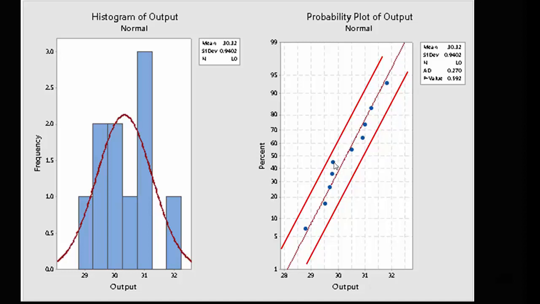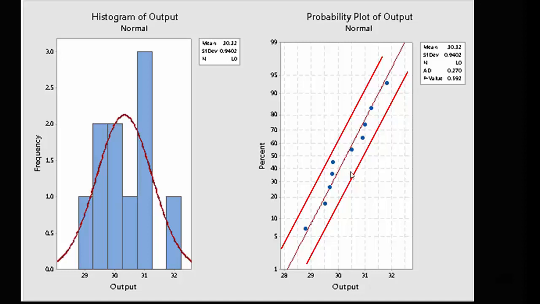As long as the data are within what we call the fat pencil test, where you take this plot and lay a theoretical fat pencil on this line through the data, and all of the data points are within the width of that fat pencil, here shown with these two red lines, we would look at these 10 data points and presume the data comes from a normal distribution.